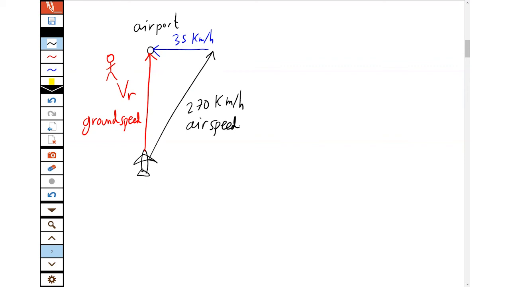Well, as soon as you've drawn the triangle, never skip this step. The diagrams always help in every physics problem. We can find this angle now by trigonometry, because we've got the opposite and we've got the hypotenuse. So by SOHCAHTOA, the sine will give it to us.